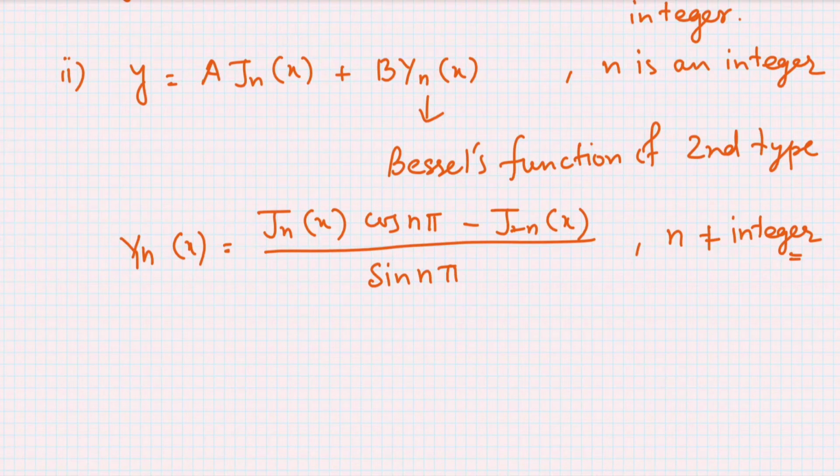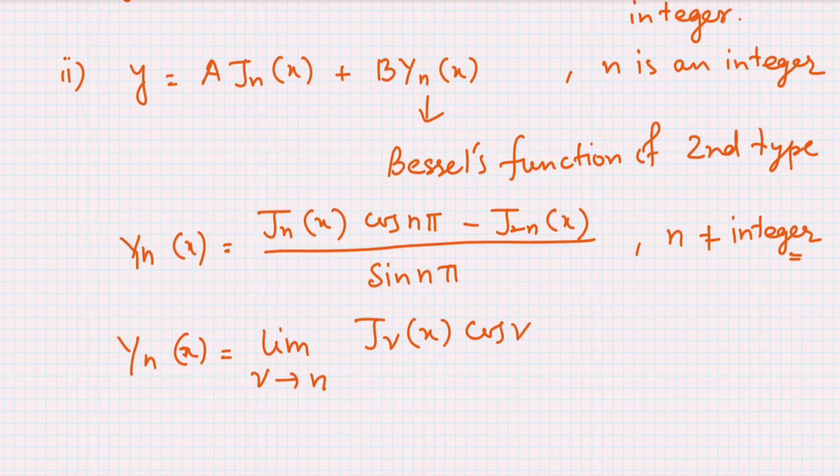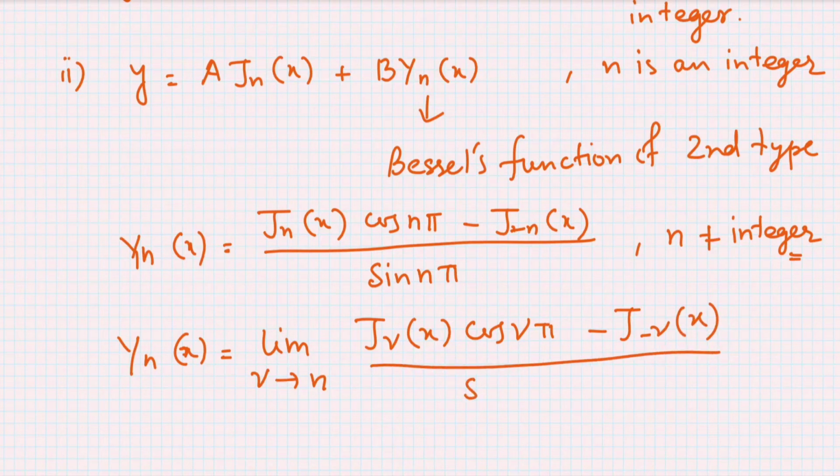And in case n is an integer, Y n x equal to limit nu tends to n of J nu x cos nu pi minus J minus nu x by sine nu pi, where n equal to integer.